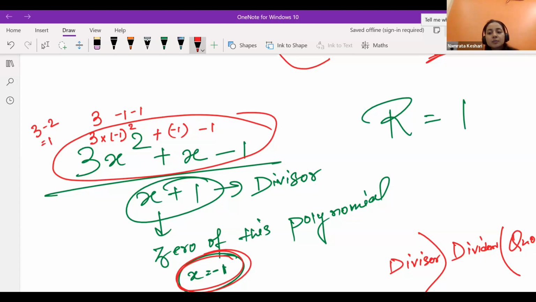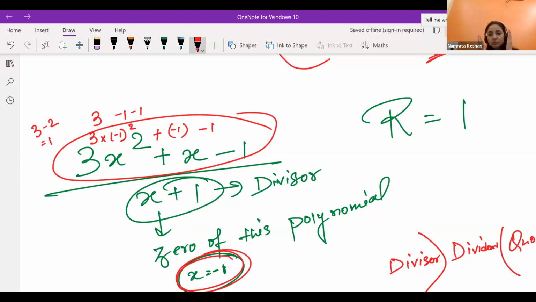Directly you will get the remainder. Got it. Find the zero of the divisor and put it in the dividend. Directly you will get the remainder. If you need directly the remainder, find the zero of the divisor and put it in the dividend. Directly you will get the remainder.